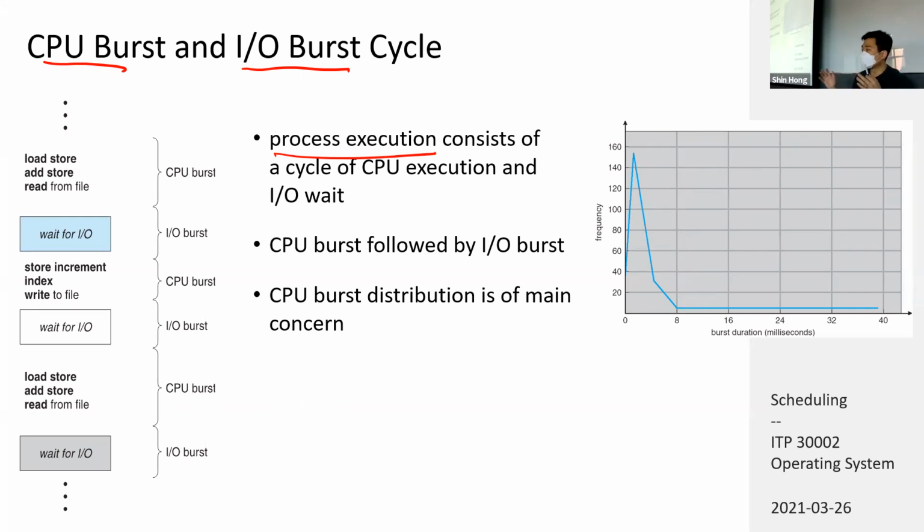In this phase, it frequently invokes IO and only infrequently uses the CPU, for relatively short terms. CPU burst phases and IO burst phases repeatedly occur over the program execution time. So this is a kind of profile of a process execution.